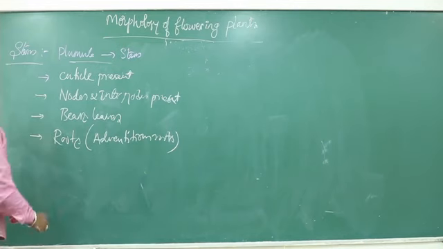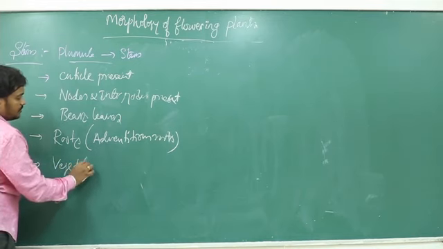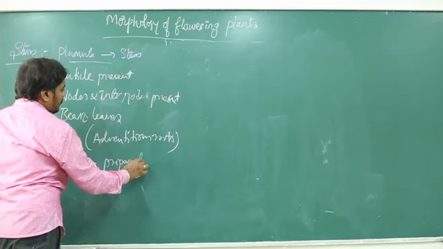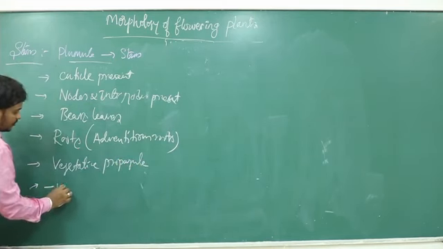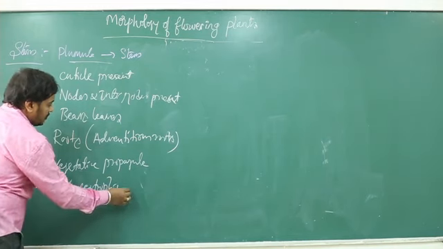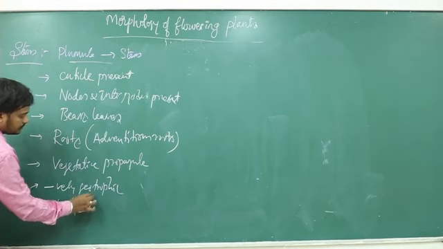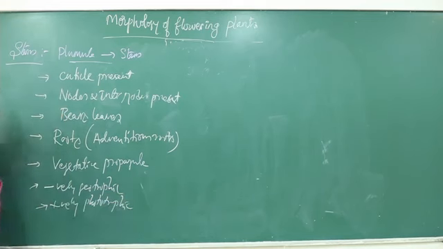Then these roots can be used as vegetative propagules. And the stem is negatively geotropic and positively phototropic. OK, so these are the major functions.